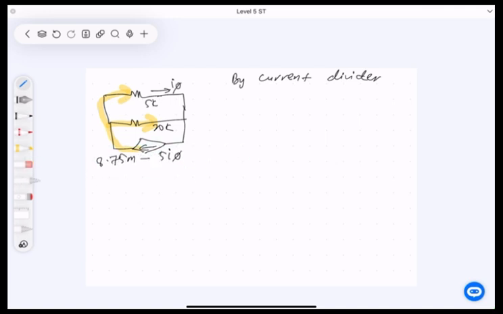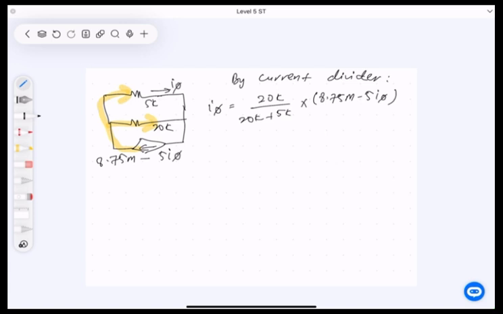There you go. So by current divider, my I5 is the opposite resistor, 20 kilo ohm, over the total resistor, 20 kilo ohm plus 5 kilo ohm, multiplied by the current source 8.75 milli minus 5 I5.